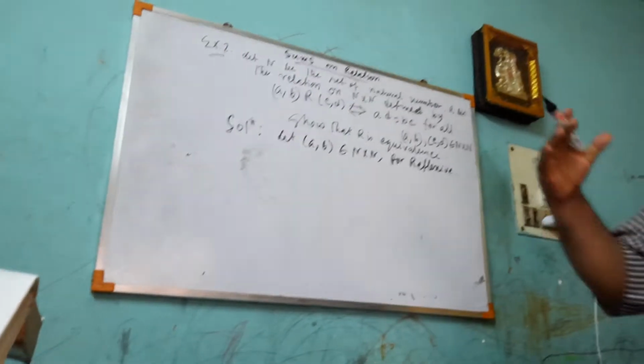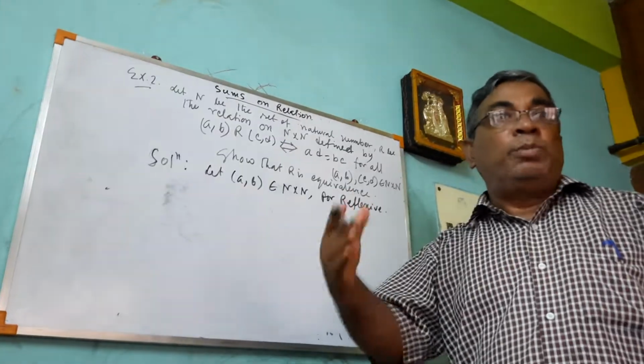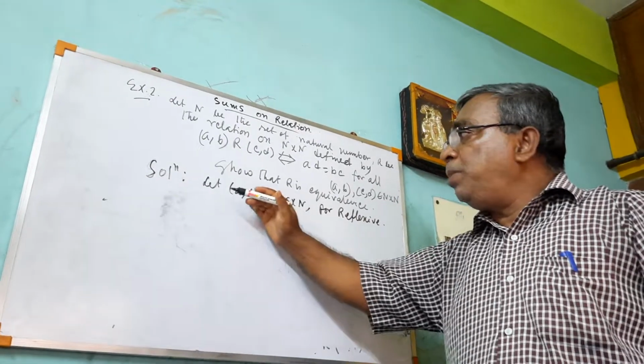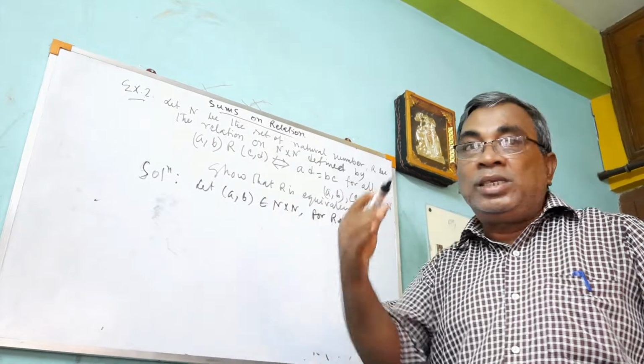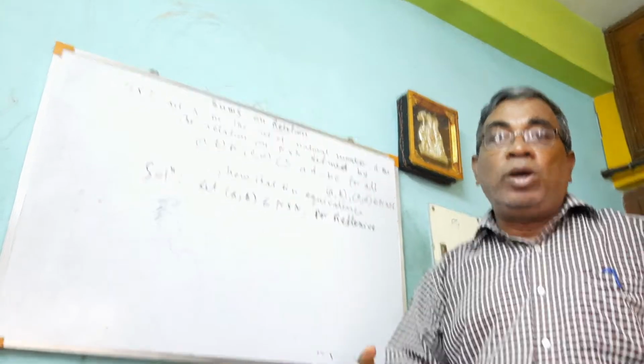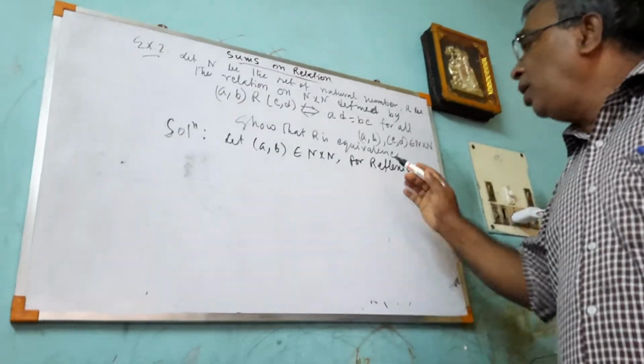That means we have to prove, like every line is parallel to itself, that every pair is related to itself. That is, (a,b) is related to (a,b). We have to see whether it is true or not. If (a,b) is related to (a,b), then we can say it is reflexive.